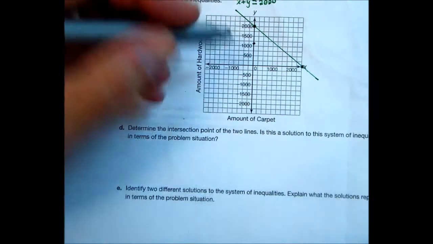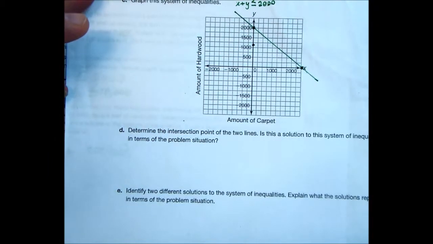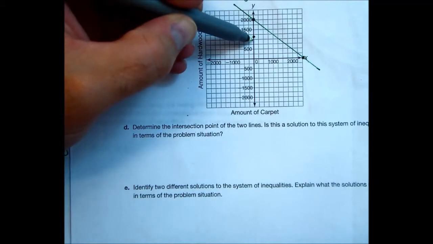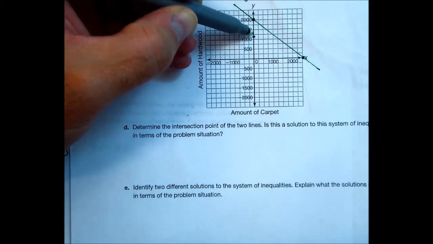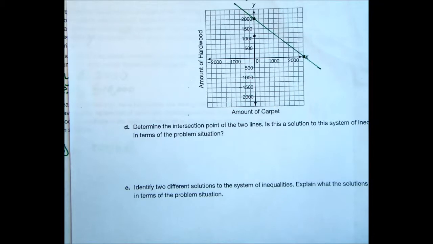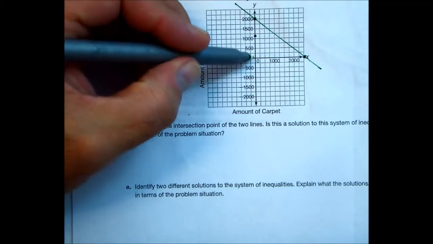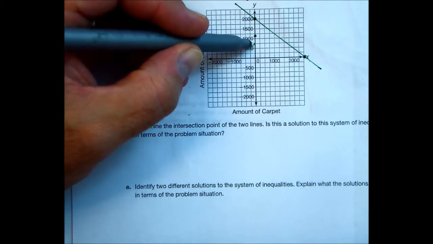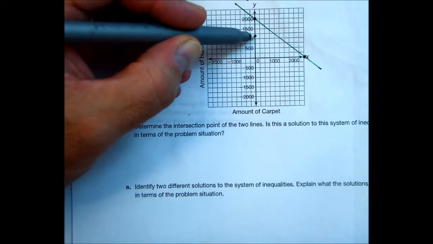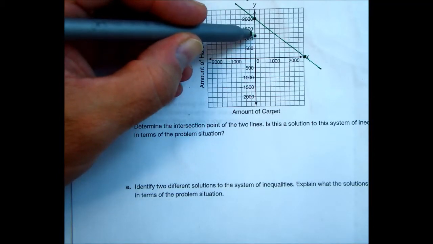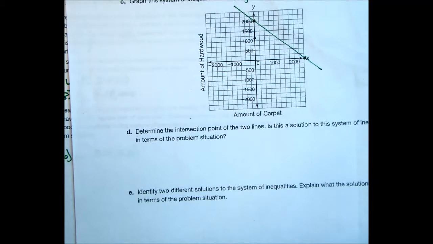Okay, because each one of my lines was 250. So I'm going to go up a little bit less than 1,250. Each line was 250, so I went 250, 500, another 250, which is 750, 1,000, so it's just under 1,250.